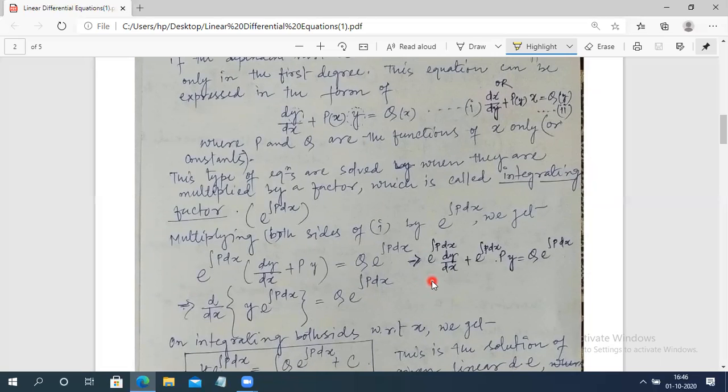In solving a differential equation, you just have to follow two steps. Bring the given differential equation in this form. It will be given already in this form, but if there is some manipulation, then you have to divide.